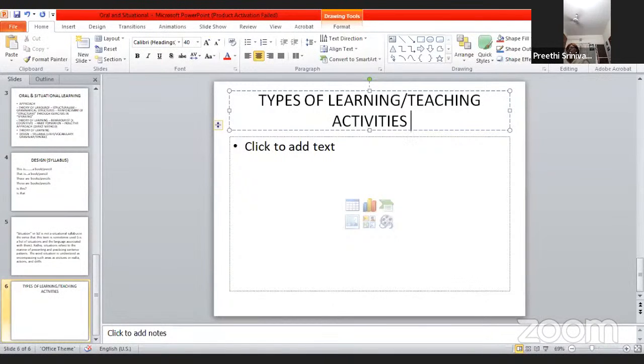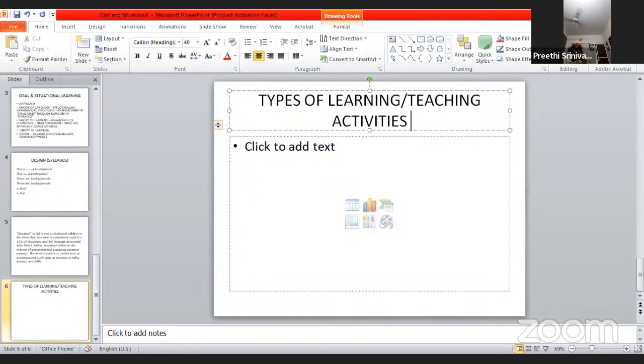You will always come across this teaching and learning in ELT, because the methodology involves the learner. Learner and teacher are essential in that situation.